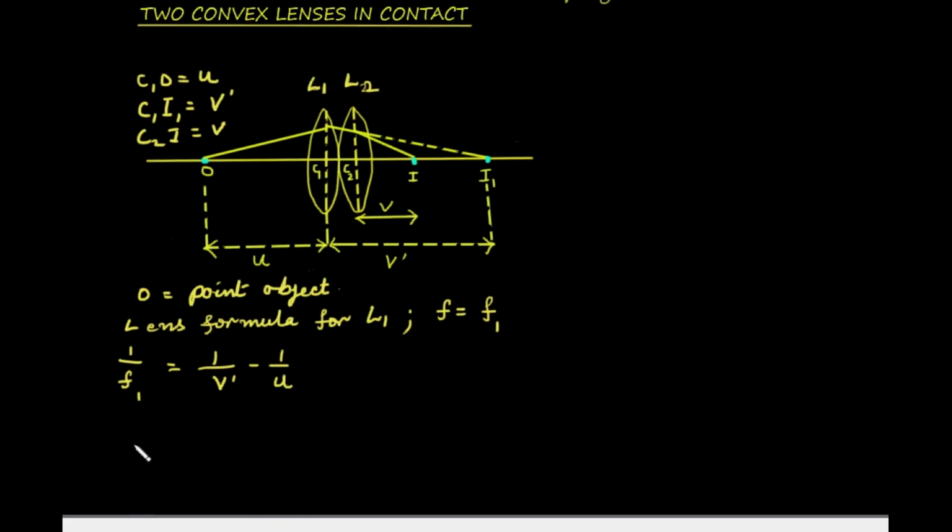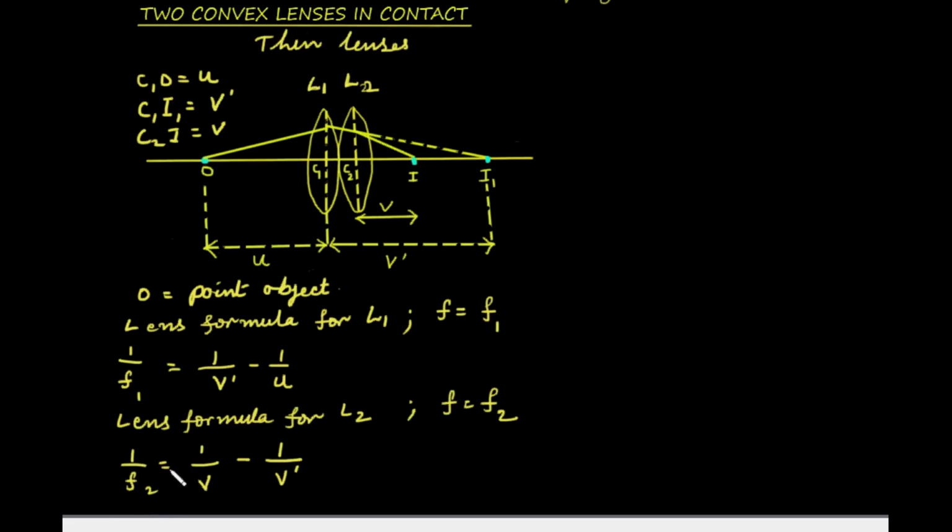What is the lens formula for lens 2? That will be 1 by f2 is equal to 1 by v minus 1 by v dash. Why do we take this? This is because C2I1 is equal to C1I1 for thin lenses. So you have an expression for 1 by f1 and 1 by f2.